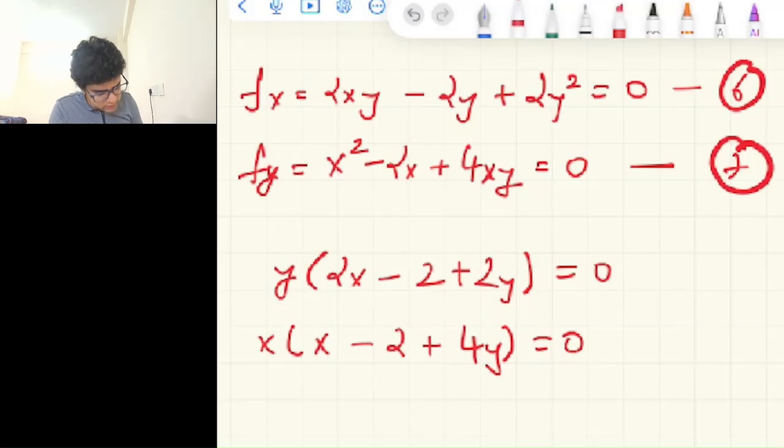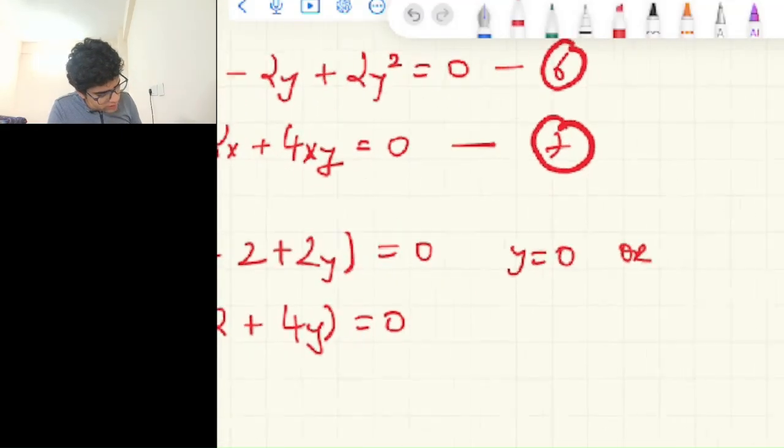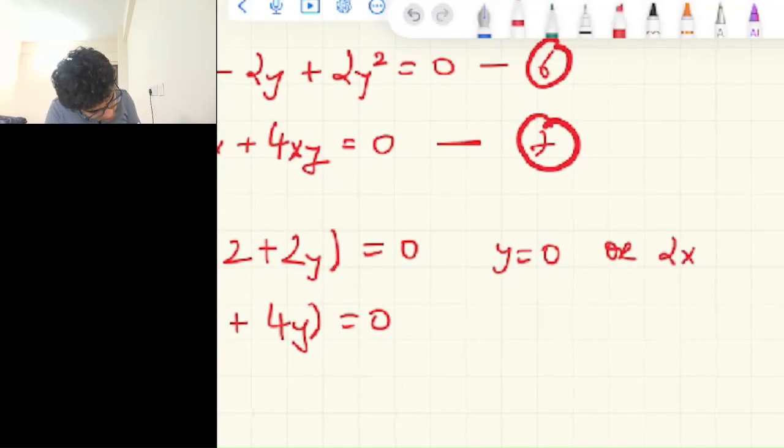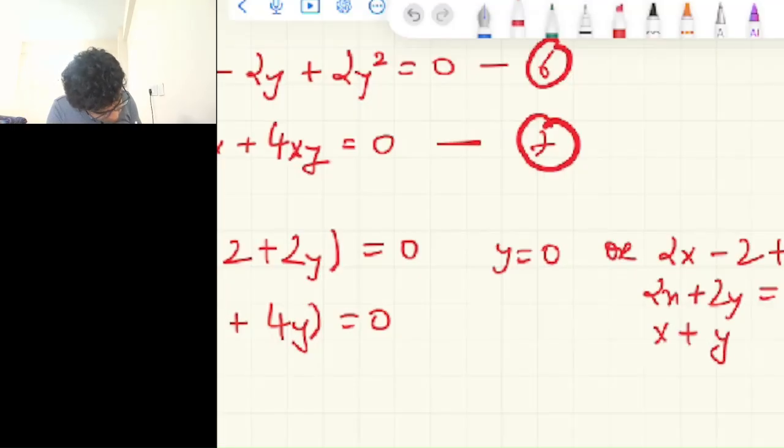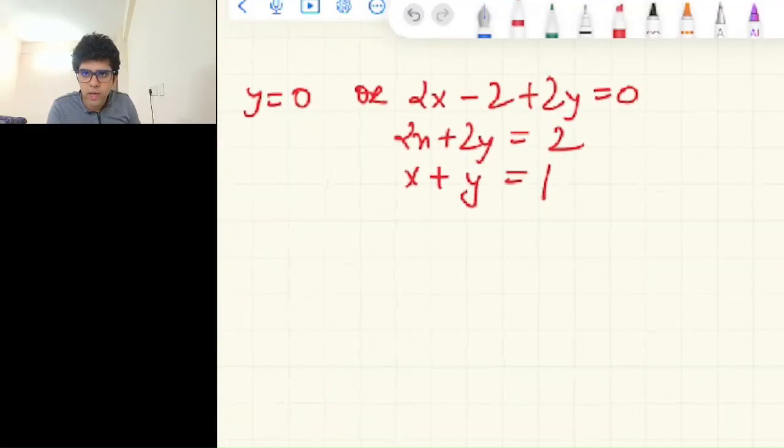So from these two equations, the eighth and the ninth, I'll be getting y equals 0, or 2x minus 2 plus 2y equals 0, which translates as 2x plus 2y equals 2, which can be written as x plus y equals 1, right?